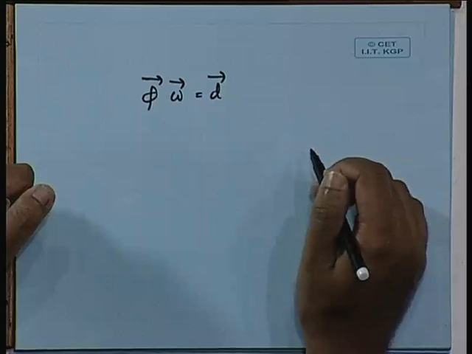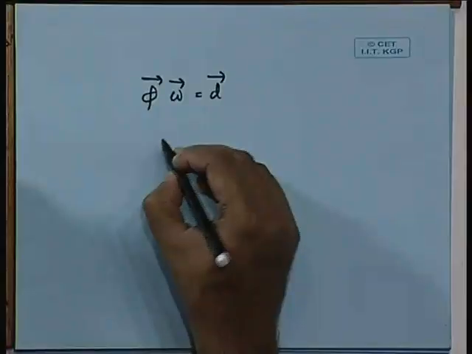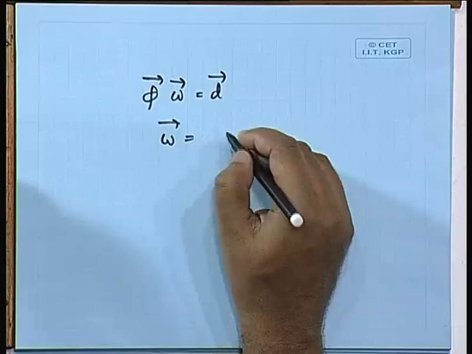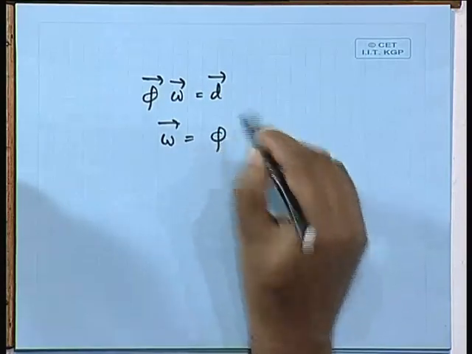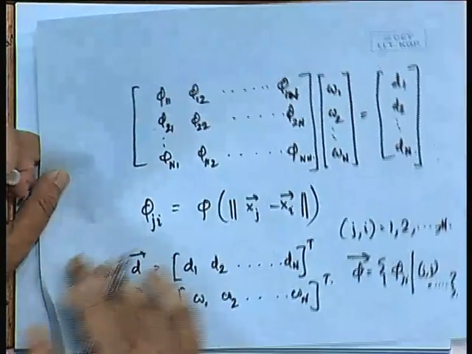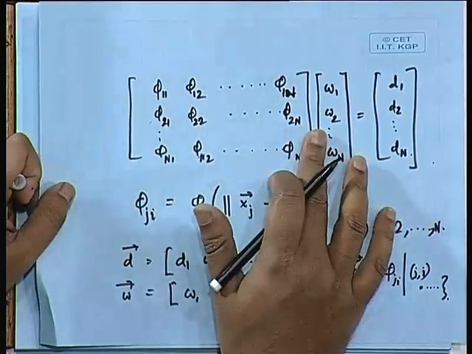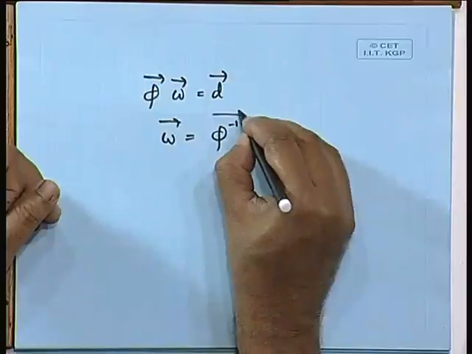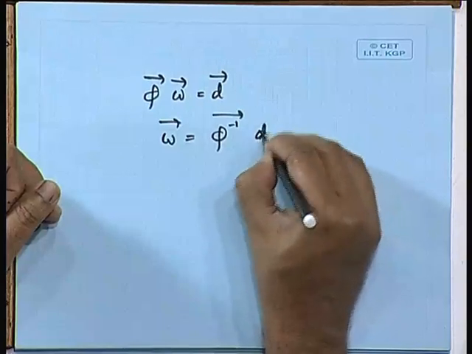We are going to solve for w. So, how are we going to solve it? Here phi is becoming a square n by n matrix, and assuming that the inverse exists, that means assuming that the phi matrix is non-singular, we can write that w is equal to phi inverse times d.